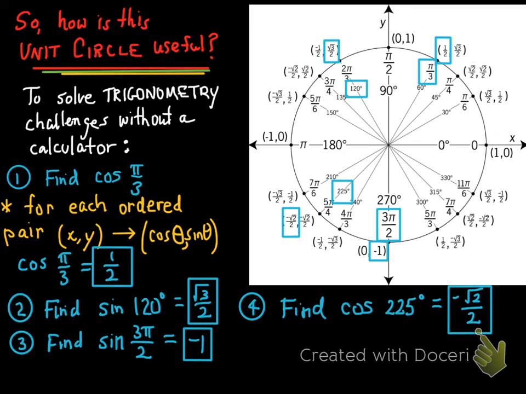So make sure you don't spend token time with it. I know for myself as a high schooler, my instructor spent a day on this, and then we were asking and answering questions about the unit circle, and I didn't know the top from the bottom. So I hope we've discussed this in depth so that you can answer questions and know exactly where answers are coming from associated with the unit circle.